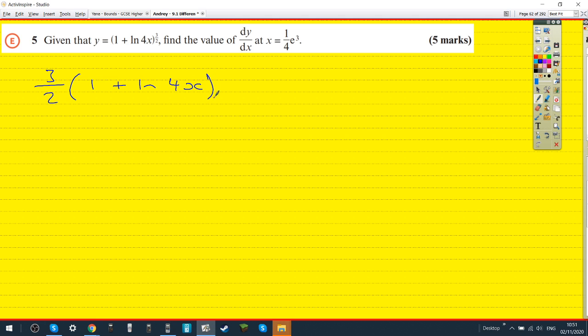What's next? Hang on, it's not minus. What is 3/2 minus 1? Oh, a half. Yeah. And do I then need to differentiate what's inside the brackets?